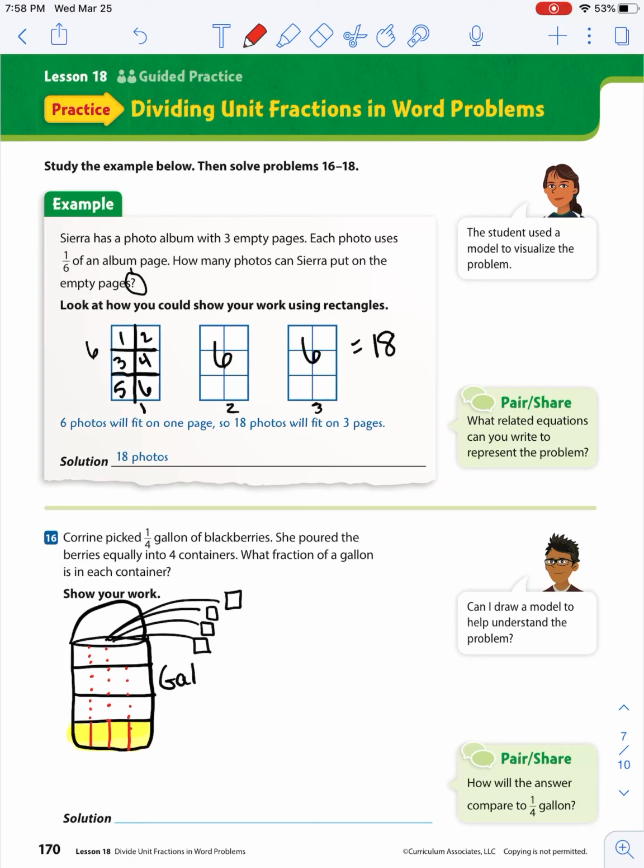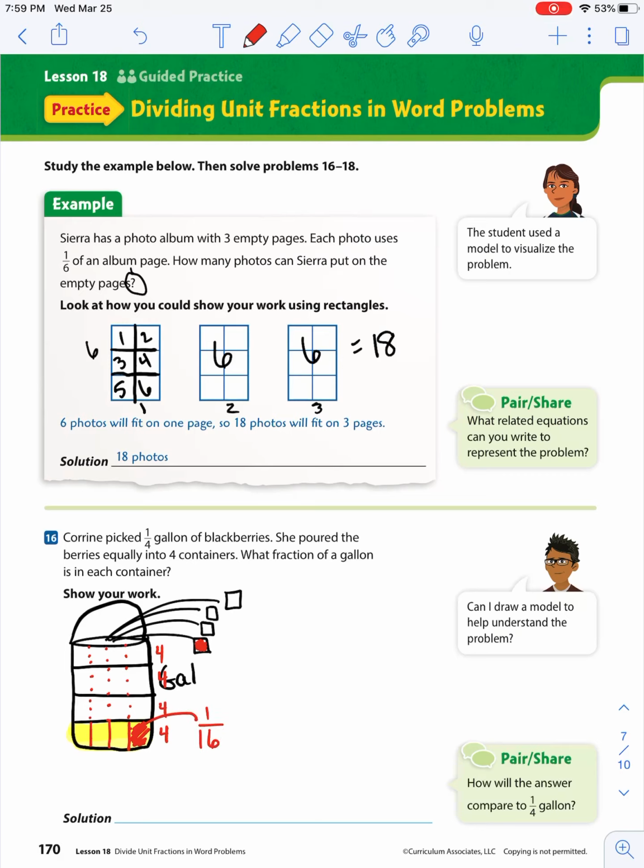What did I just make? Something very similar to an area model. So what fraction of a gallon is in each container? What is just one of these going to be? It's going to be this right here. I see there are 4 here, 4 here, 4 here, and 4 here. That means that is 1/16.